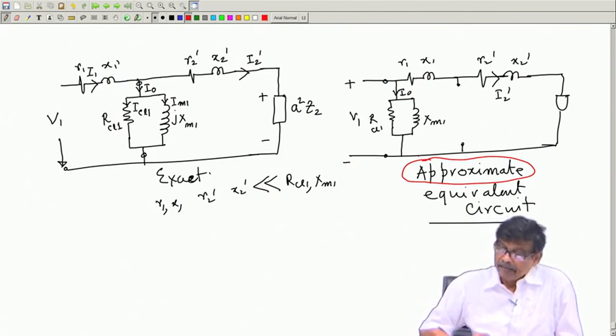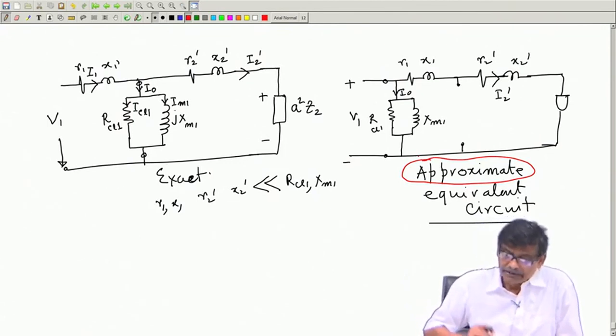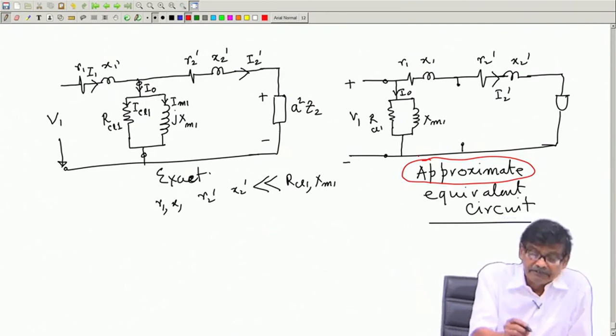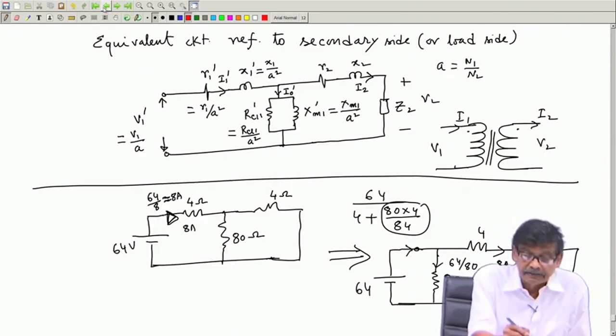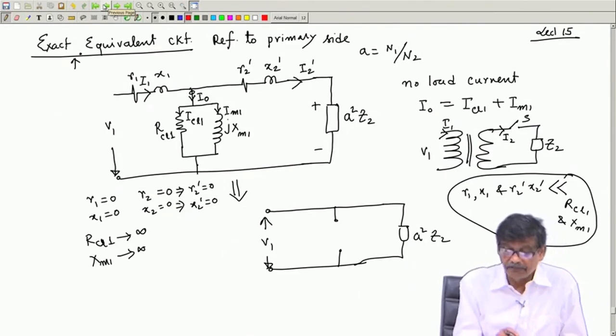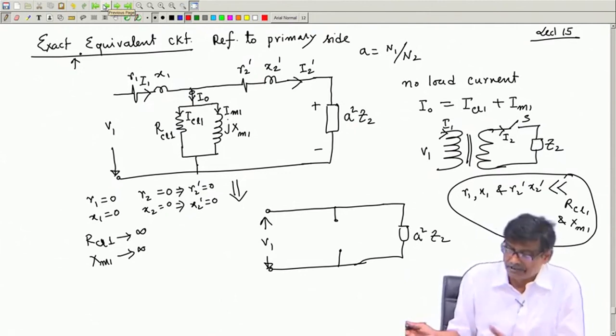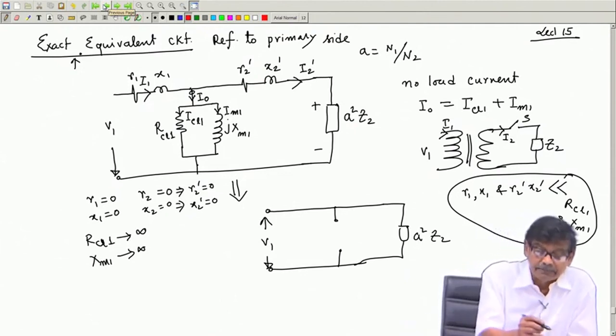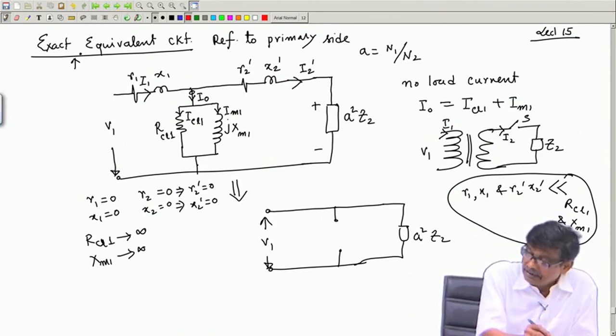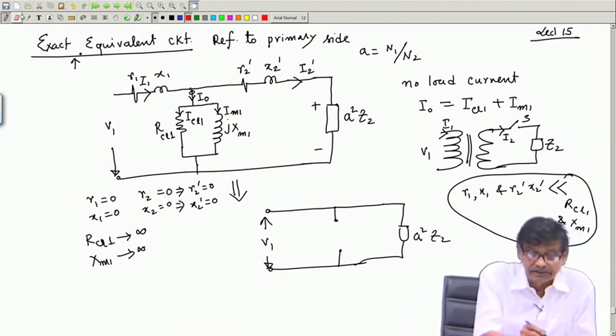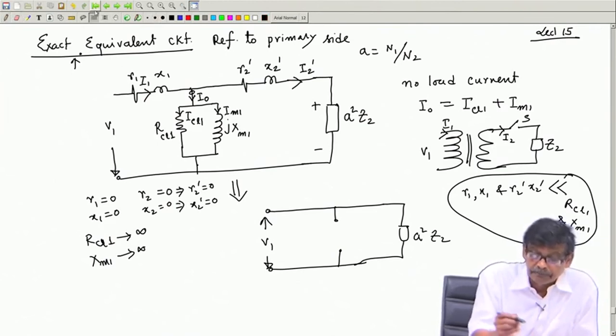Acha. Now, I will come to the phasor diagram, which I have not drawn for this circuit. For example, I will draw it once, you in fact can avoid that after learning the approximate equivalent circuit, but nonetheless let me at least draw the equivalent circuit of this exact transformer.